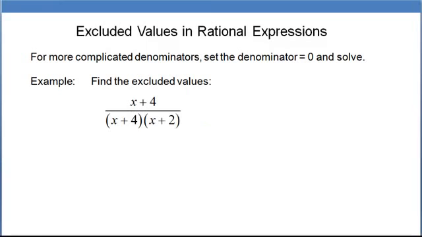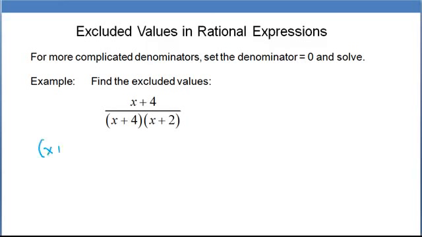For this example, if our denominator was multiplied out, it would make a quadratic. So if we were looking to see when it equals 0, we would have a quadratic equation. Now we won't really multiply it, but we can see it would be x squared, but it's already factored.